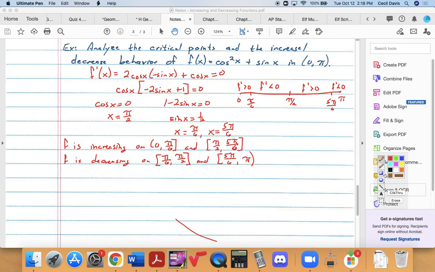Again, that bothers some people because they're like, well, how can I include pi over 6 in both of these intervals? Again, it's part of an interval. We're not saying that at pi over 6 it's increasing or decreasing. So then because I go from a derivative that's positive to a derivative that's negative, f has a local maximum at x equals pi over 6.